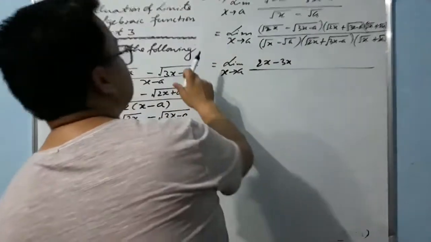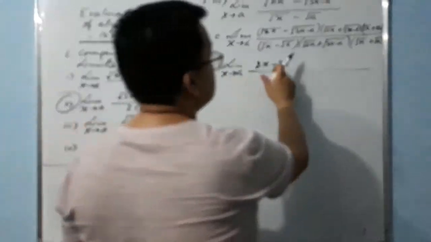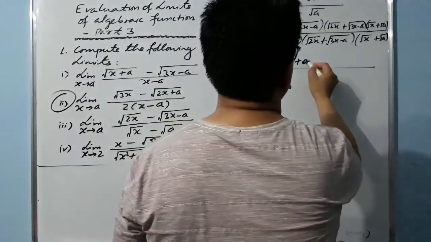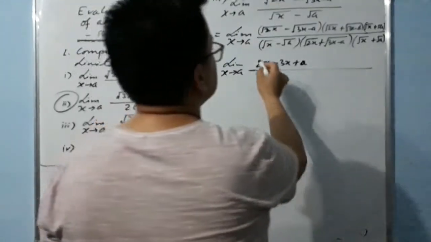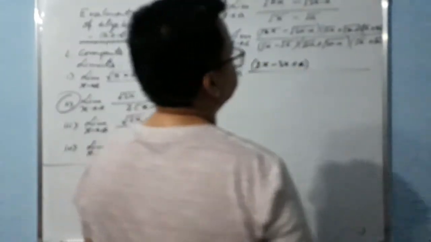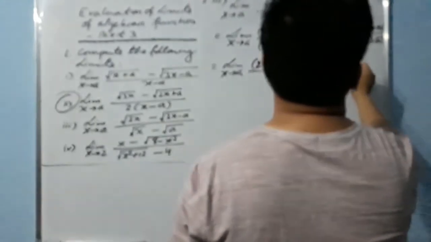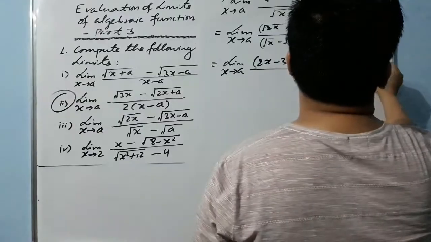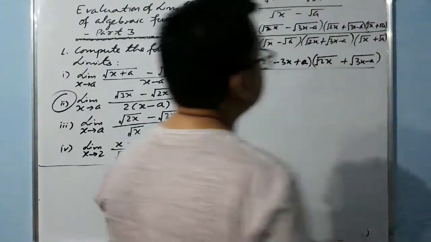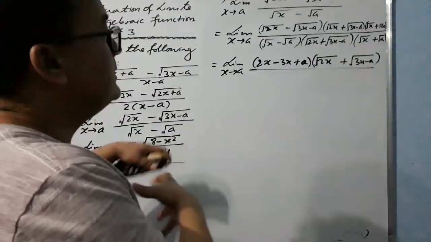As I told you in this question, it's going to be 2x minus 3x plus a. Let it be the same. It's not going to make any difference; it's not going to bring us to an indeterminate form, we are safe.